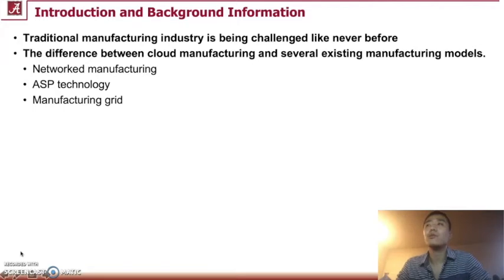ASP technology's service rental model provides small and medium-sized enterprises with a low-cost application system and information software service, but it's precisely because customers are dissatisfied with the low-level intelligence of the service and concerned about information security that have led to the difficulties in the promotion of ASP. But cloud manufacturing solves this series of problems.